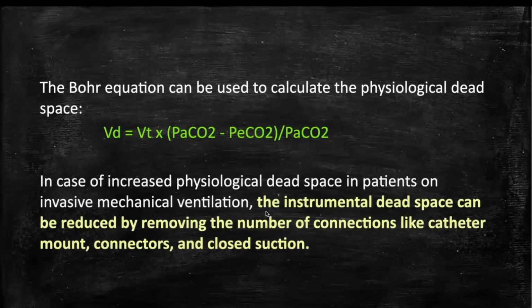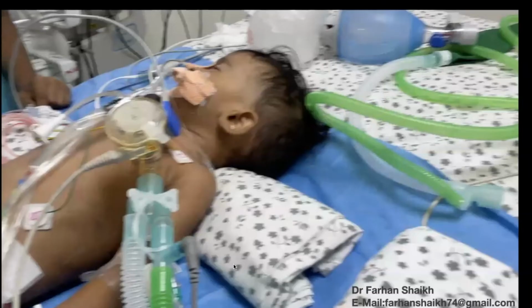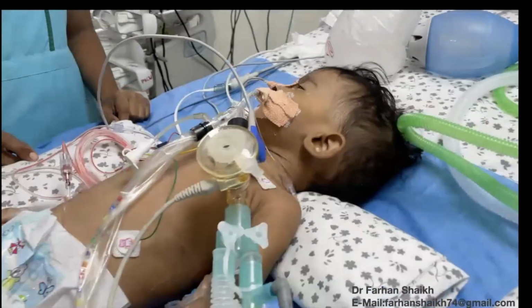Normally physiological dead space is negligible, but in situations like bronchiolitis, ARDS or pulmonary edema, the physiological dead space increases and the alveolar gas is also not participating in gas exchange. In that case, the instrumental dead space can be reduced by removing connections like catheter mount connectors, suction catheters, etc.